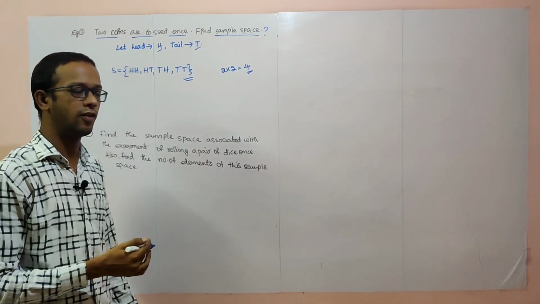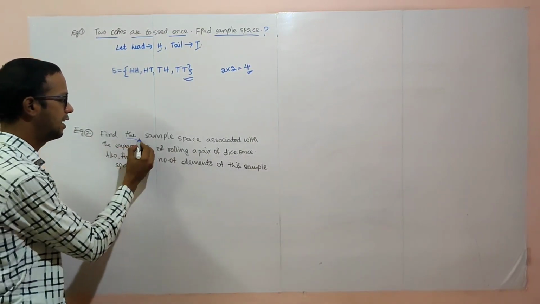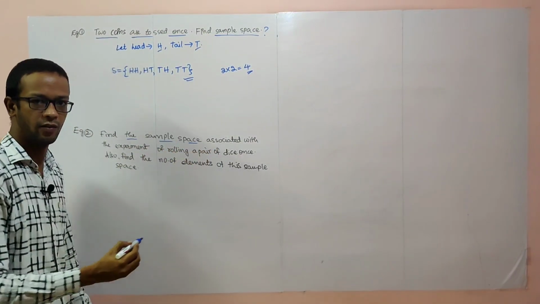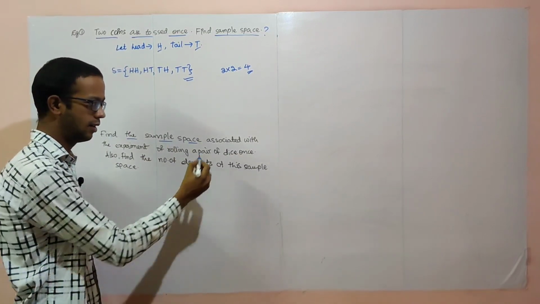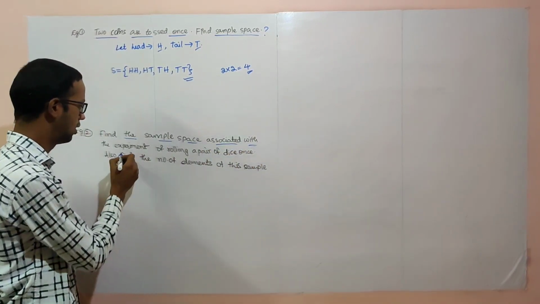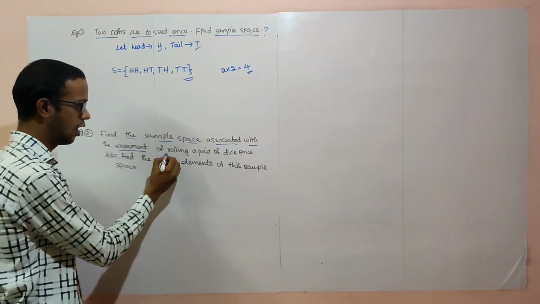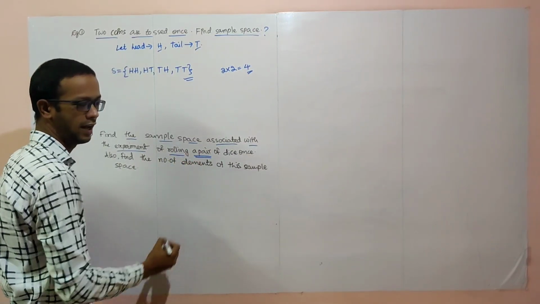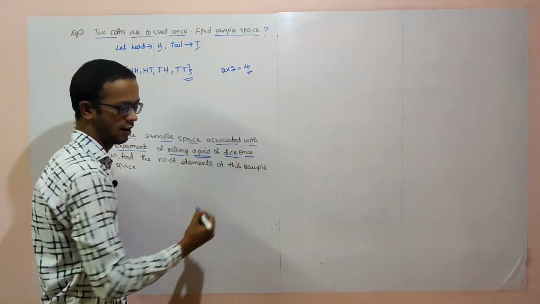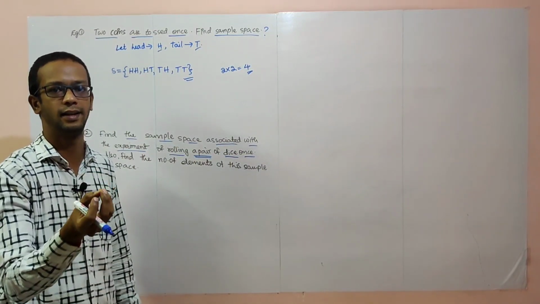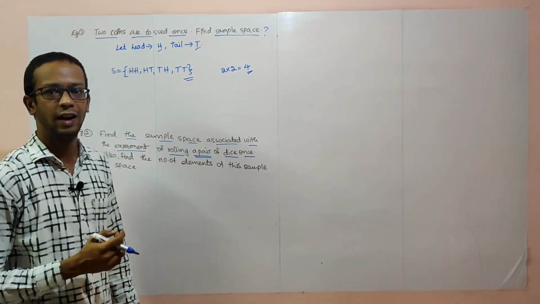Next, in a similar way, example 2. Find the sample space associated with an experiment of rolling a pair of dice. Pair of dice once, 2 dice, thrown at a time.